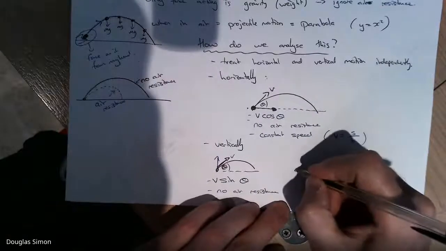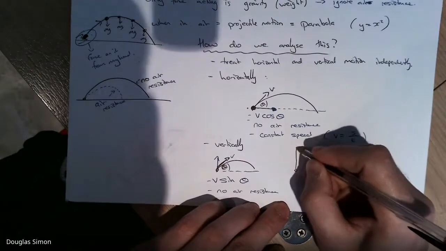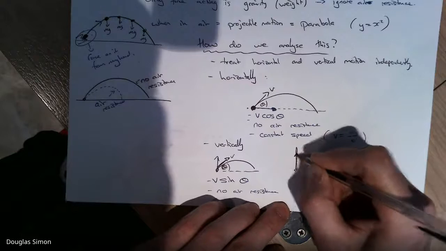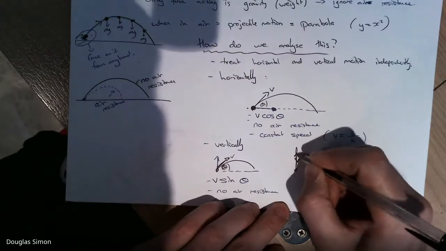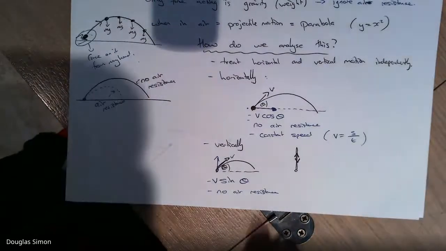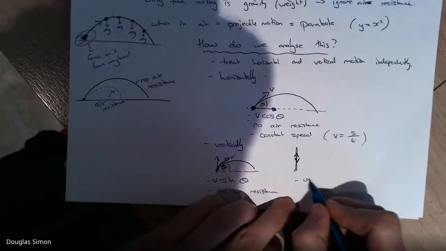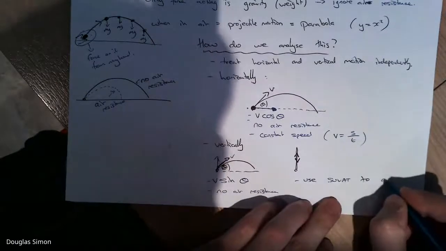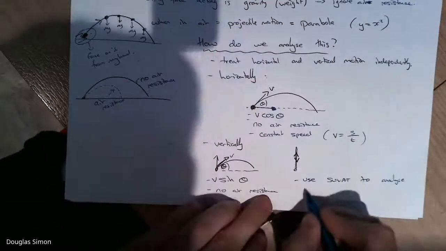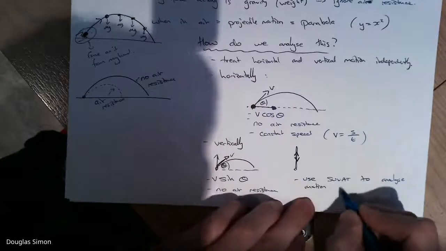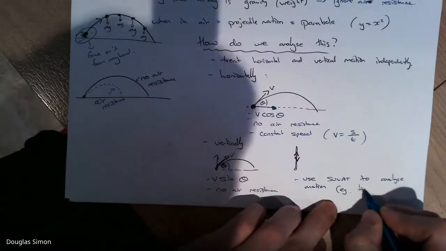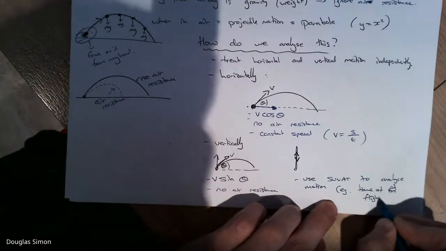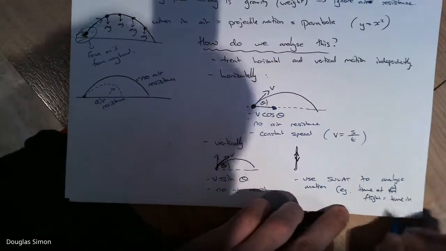And if it's just going vertically, it will go up, it will reach the top, it will come back down again. So what can we use? We can use SUVAT from last lesson to analyze the motion. So for example, time of flight, which equals the time in the air.